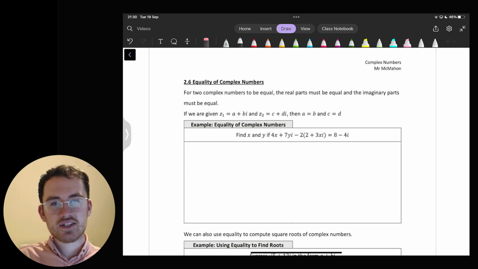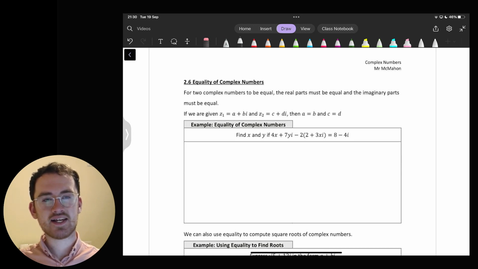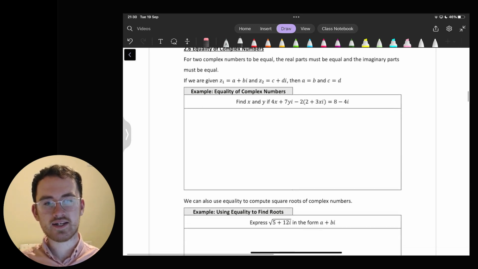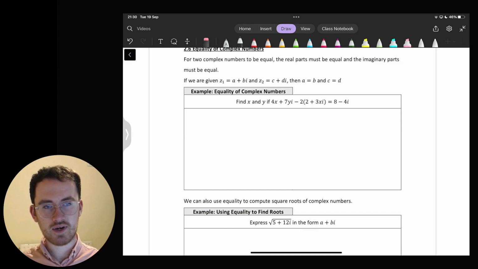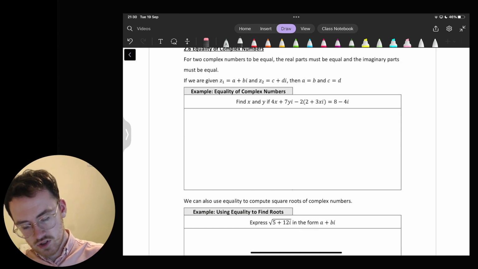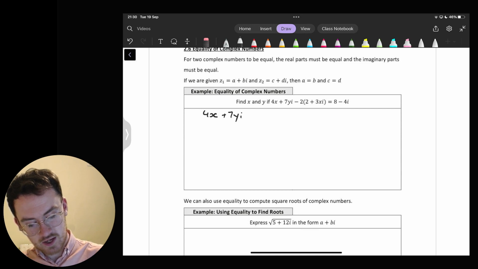So say we look at this question here, we want to find x and y if 4x plus 7yi minus 2 times 2 plus 3xi is equal to 8 minus 4i. So what we're going to do is we're going to try and simplify this left-hand side. So we'll start by multiplying out that bracket, giving me minus 4 minus 6xi.